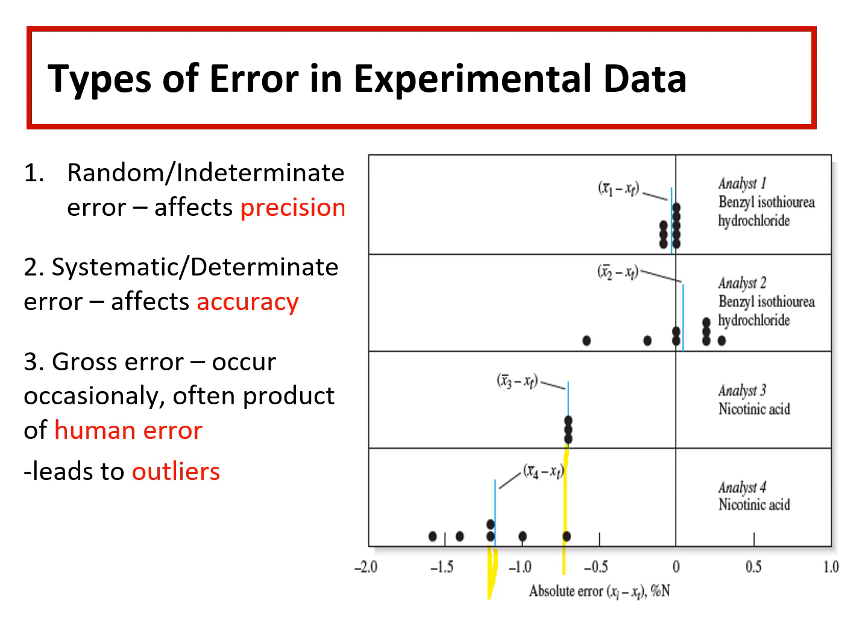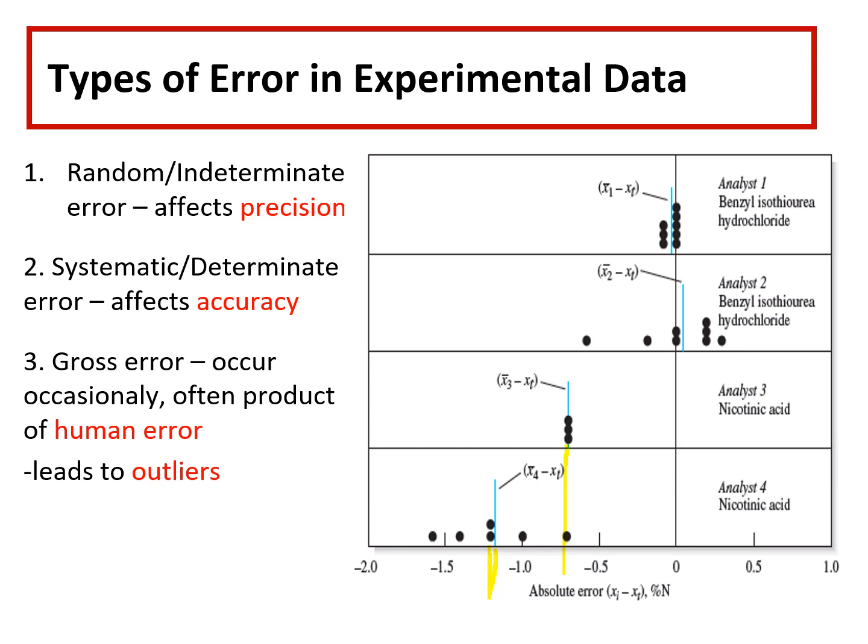But for analysts 3 and 4, the errors range from negative 0.7 to negative 1.2% nitrogen.